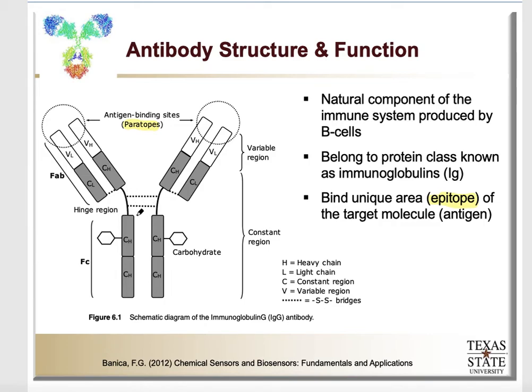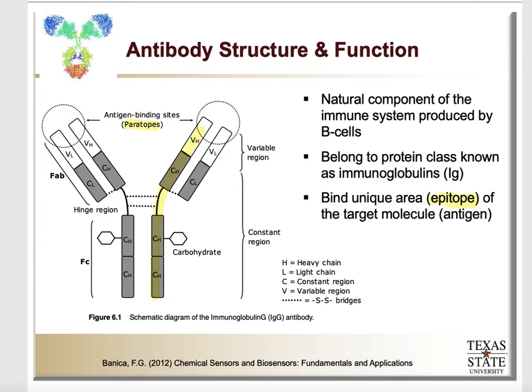Now, in addition to all of this, there are some names to the structure. So the part that I am highlighting right now, these VH, CH, CH, and CH, this is what we know as the heavy chain. So that heavy chain contains both a constant region as well as a variable region. And then in addition to that, on the right-hand side, we have the light chain.